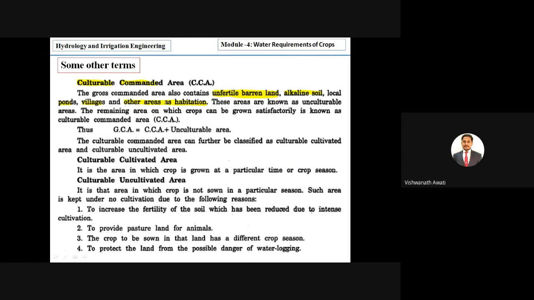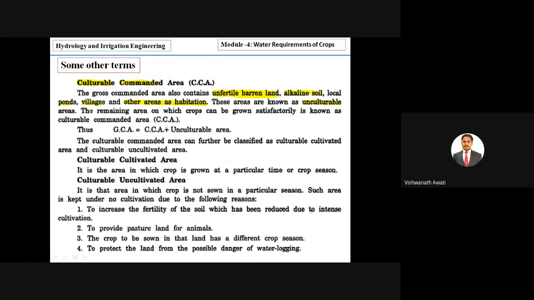That area is not irrigated land. These are known as unculturable area, meaning here we cannot do agriculture. For example, barren land, alkaline soil, local ponds or water resources, villages and other habitations are called unculturable area, even though commanded, but not suited for agriculture.